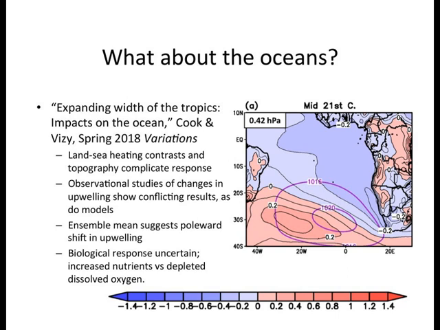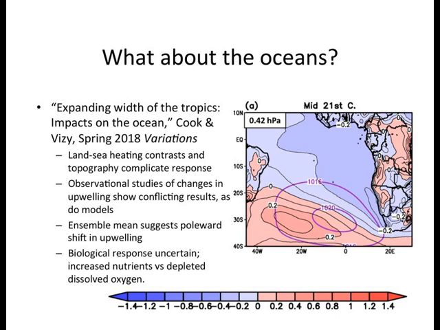So Kerry synthesized this into one paper, and the result is that there's not one conclusion you can make by looking at each of these regions individually. It's not simply that you expect a global widening of the tropics and the following changes in the gyres in each basin. You have different responses in different basins. And some of this is because of land-sea heating contrasts and the topography, so the shape of the shoreline, for example.